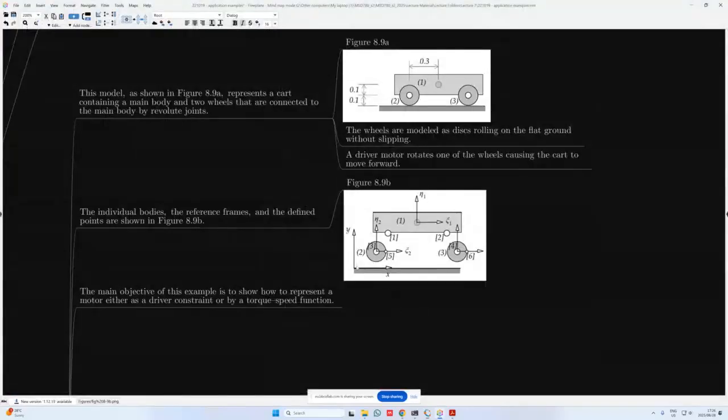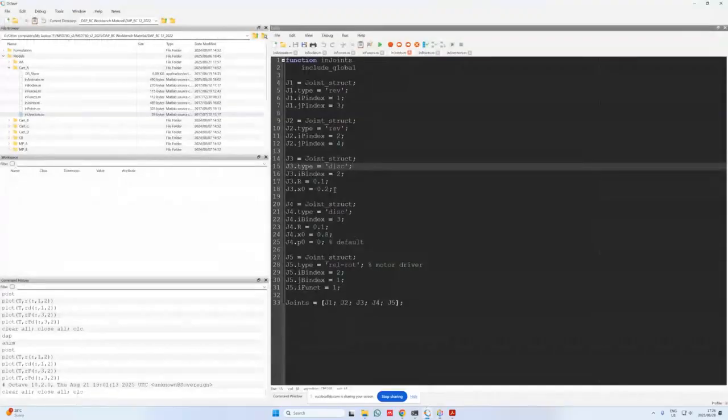If we look back at our coordinate system, we know that the center of mass of body 2 is located 0.2 meters away from the y-axis. So therefore, x0 will be equal to 0.2. And in this case, I didn't specify p0 as equal to 0. So the default value of 0 is in any case going to be defined as 0 for J3.